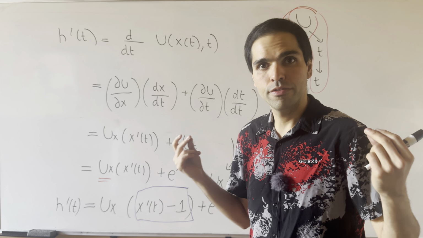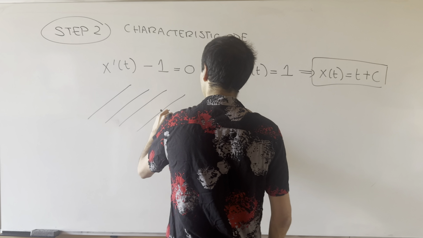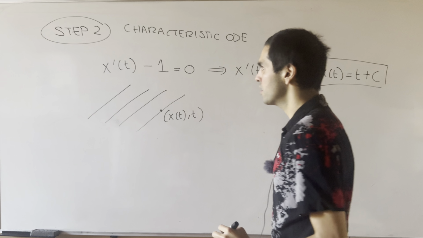So x'(t) is 1, which tells us that x(t) is t plus c. So that's already interesting. It tells us that the characteristic curves in this case are just straight lines, because that would be (x(t), t). That's on the one hand.